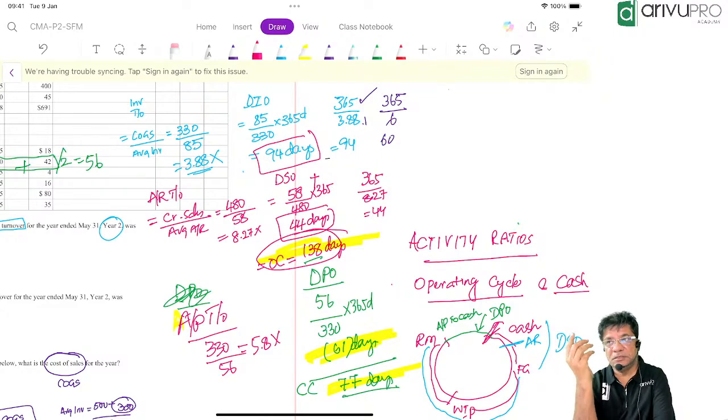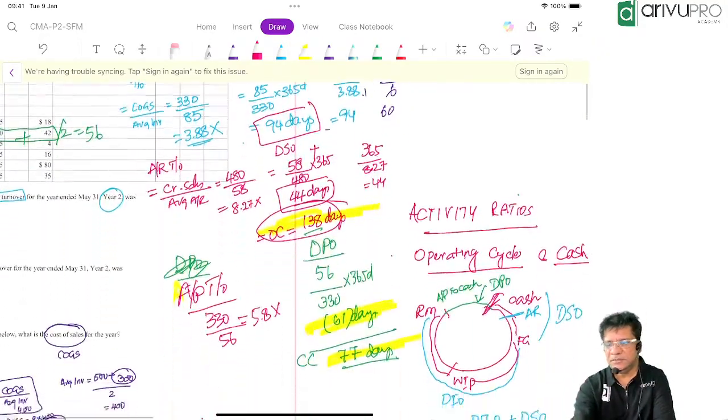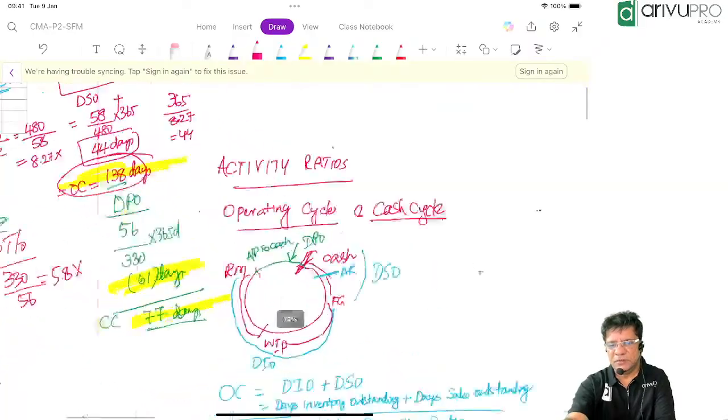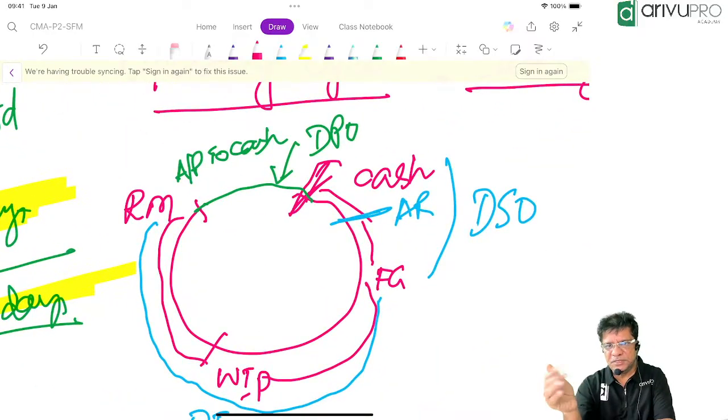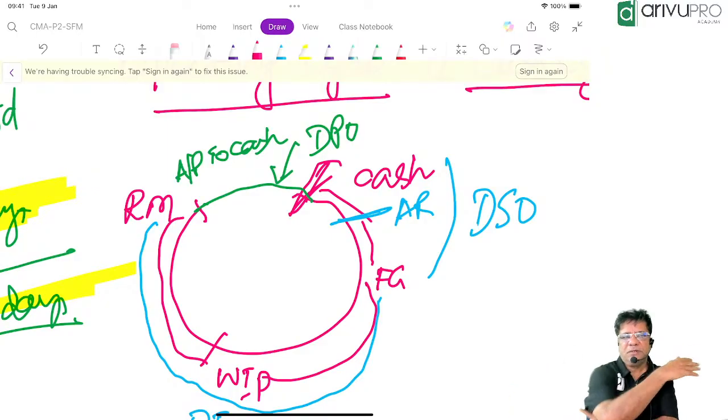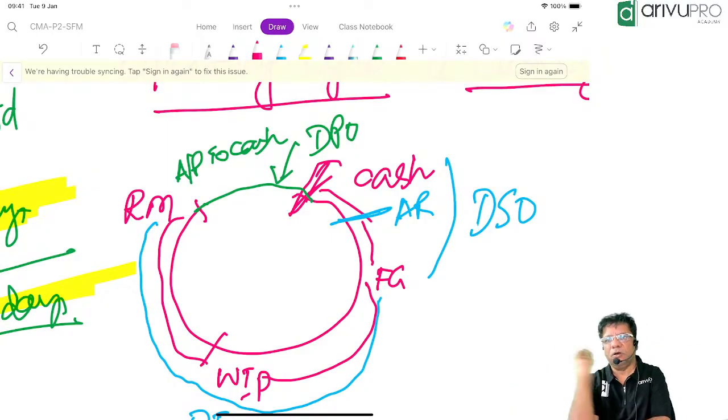That means raw material purchase, converting to work in process, shipping the goods ready, finished goods ready, shipping goods to the customer, credit customer, collecting the money from the credit customer, and then paying the accounts payable. All.